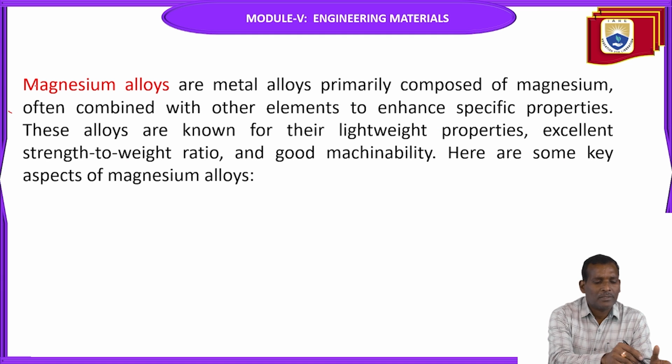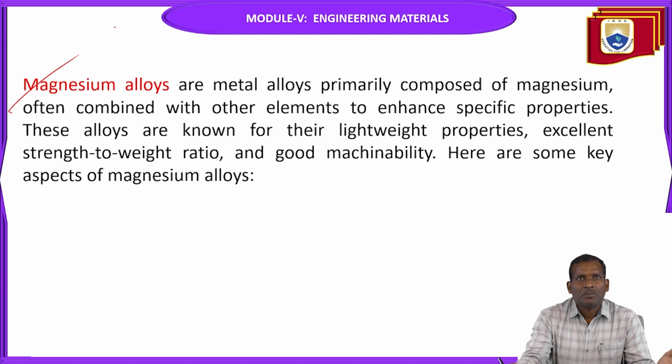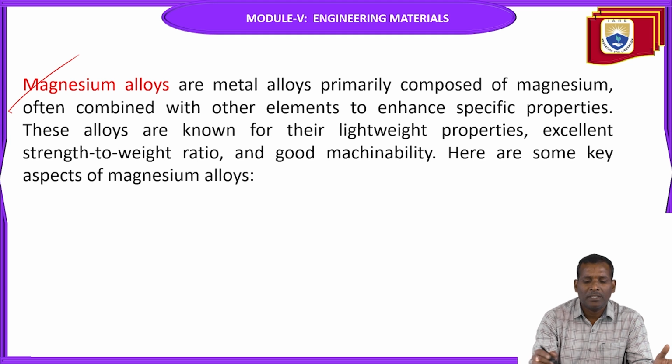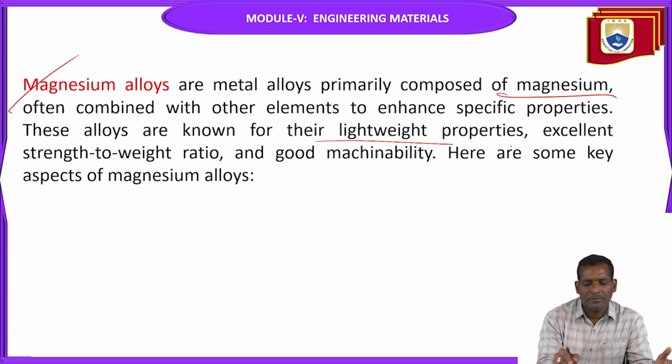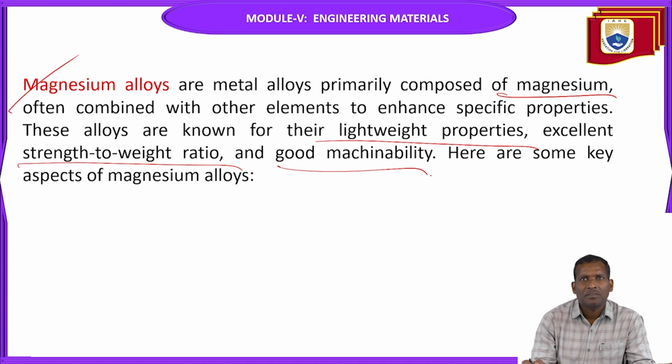So next, magnesium alloys. These are metal alloys primarily composed of the magnesium element, often combined with other elements to enhance specific properties, like aluminum alloys and nickel based alloys. These alloys are also known for their lightweight property, excellent strength to weight ratio, and good machinability, having all these properties like aluminum alloy and nickel based alloys.